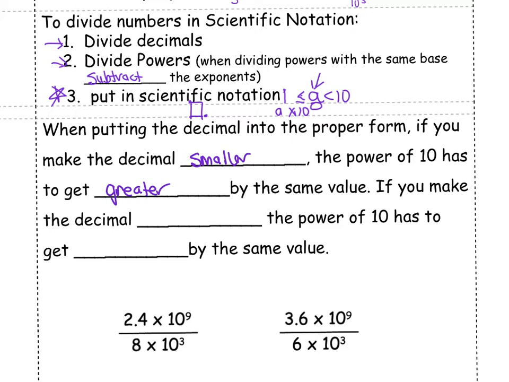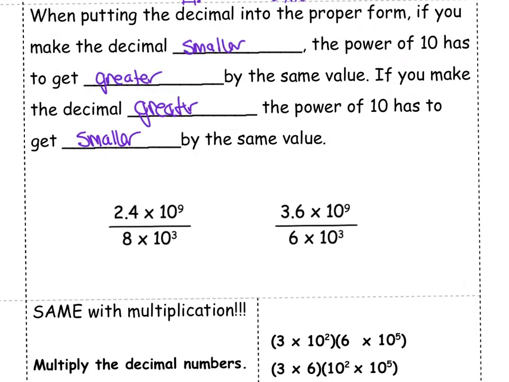If you have a smaller number, to get back to that original, you have to multiply by a power of 10 that's greater. And if you have to make the decimal greater, then the power of 10 has to be smaller. So let me show you what I mean by that.